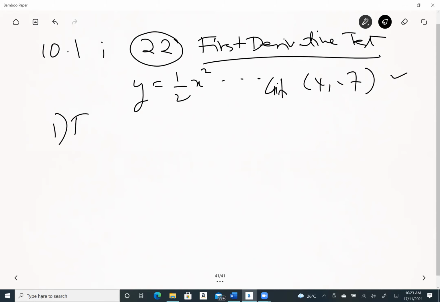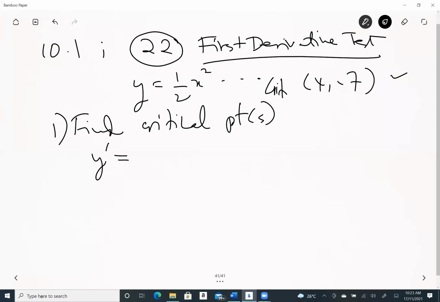First, you need to find the critical point, because that will give you the intervals. Or sometimes you have more than one. So you take the derivative, which will be equal to half of 2x minus 4. For the critical point, set y prime equal to 0.